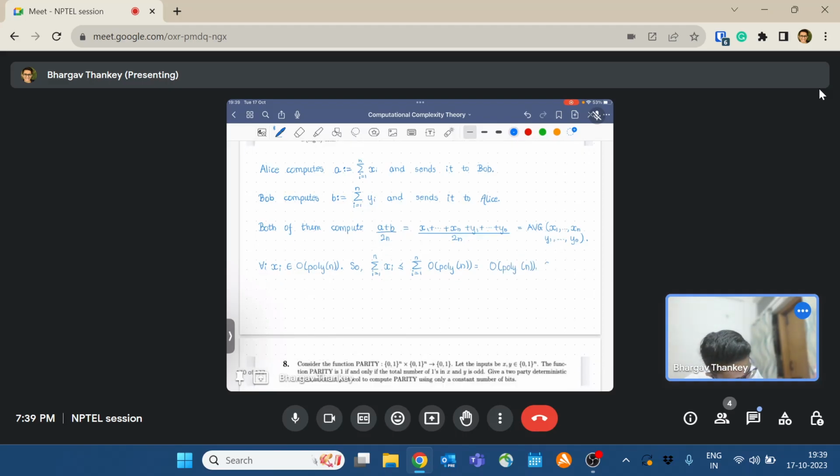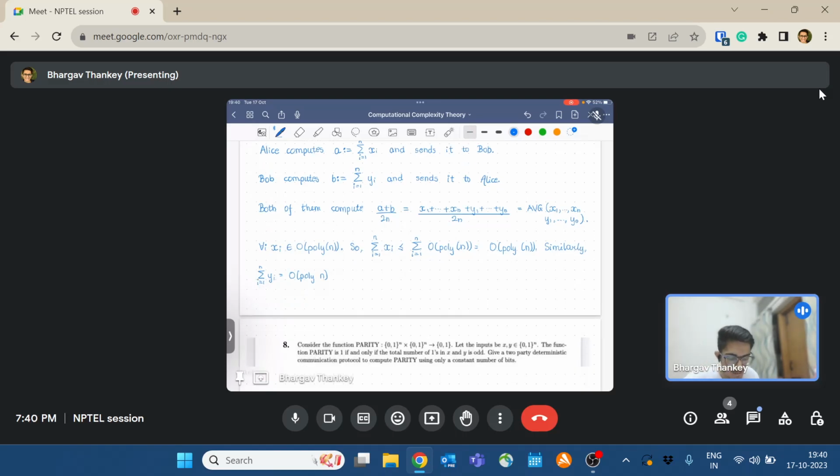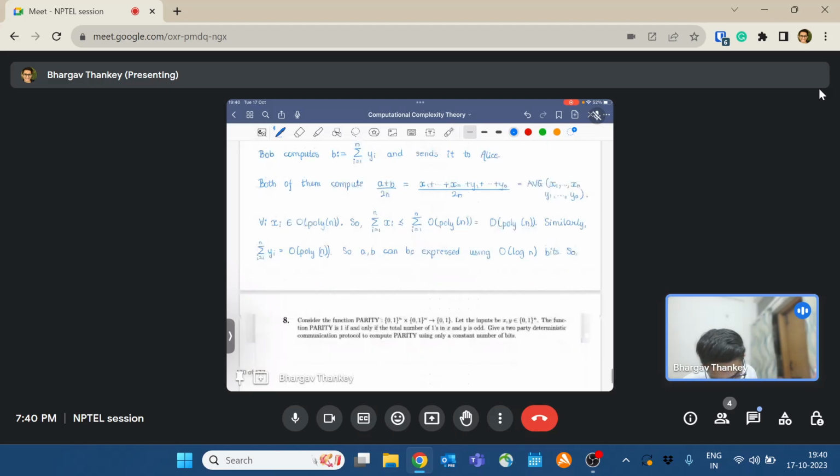Similarly, A and B are both order poly n, and using order log n bits, so the communication complexity is order log n.